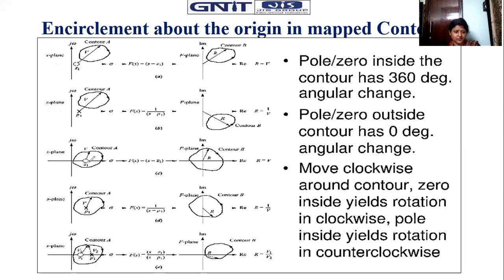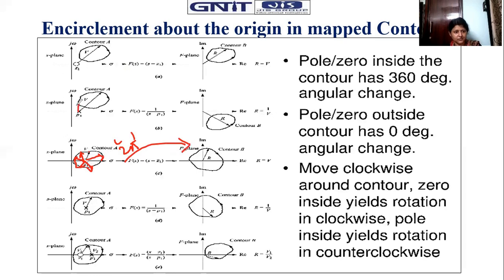So what we get here is that there is no encirclement about the origin, right? We need to define an encirclement about the origin. Similarly, irrespective of poles and zeros, if there is any point just outside the contour, what is our understanding?